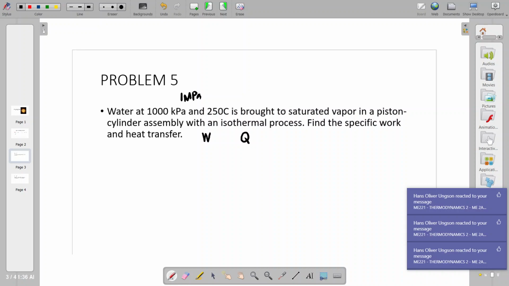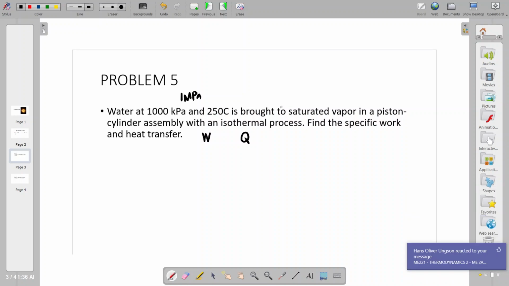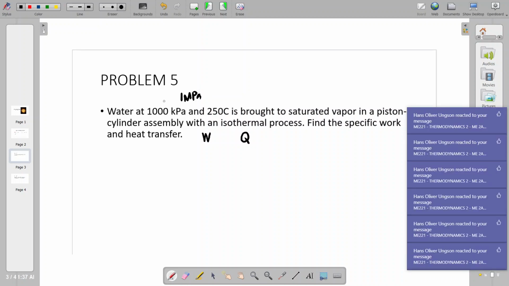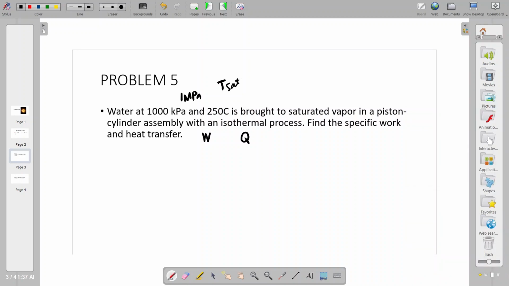Sa 1000 kPa or 1 MPa, pag tinignan natin sa table 2, table 2 1 MPa, ang tsat niya at 1 MPa is 179.91.